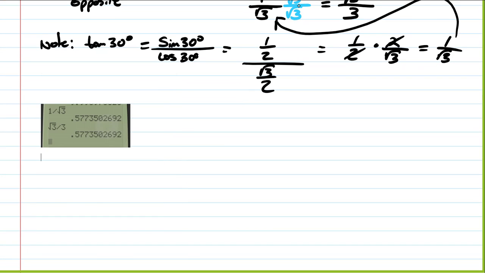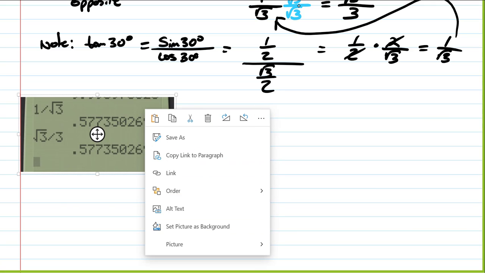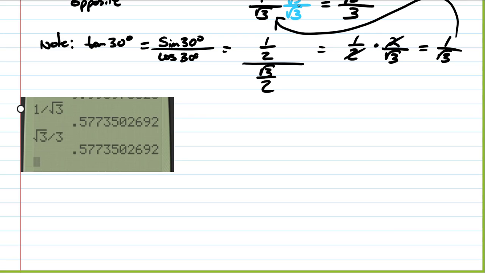Both of them are mathematically equivalent. 1 over the square root of 3 is equivalent mathematically to root 3 over 3, but it is considered improper to leave radicals in the denominator. So the convention is that we always rationalize the denominator, putting the irrational number and the radical in the numerator. So as decimals, they will always be equivalent, but this one is the proper way to write it, aka having proper math grammar.